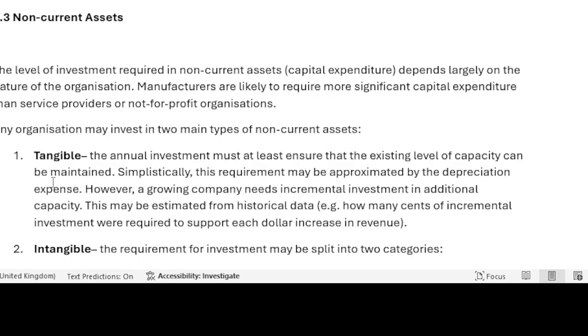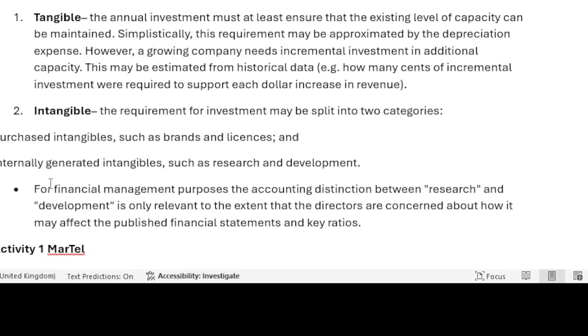Then we have non-current assets. This could be tangible or not tangible. What are non-current assets?